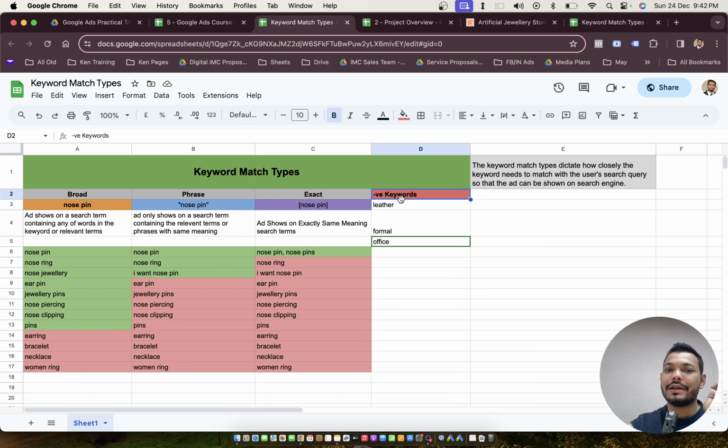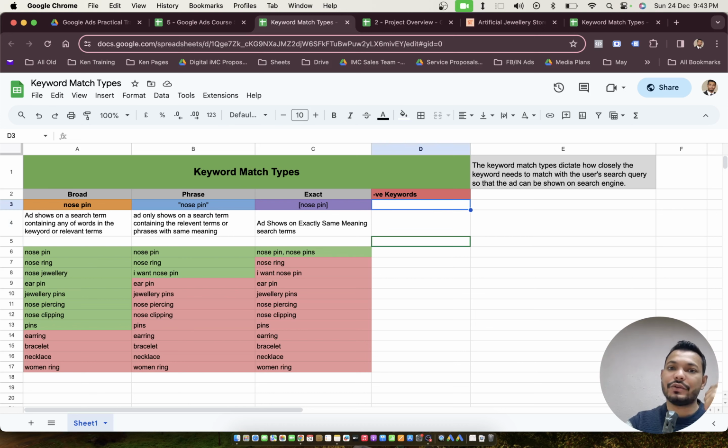For example, let's say after a while you start managing a Nike or a Reebok project. If you're handling any of these sport brand projects, then these sport brands are normally not selling leather shoes or formal shoes or office shoes, right? At least Nike does not sell any of these kinds of shoes.